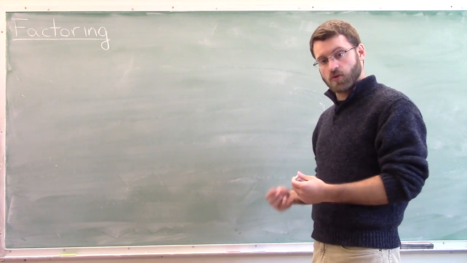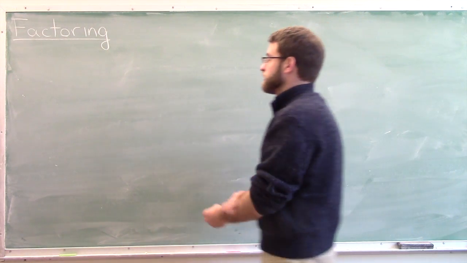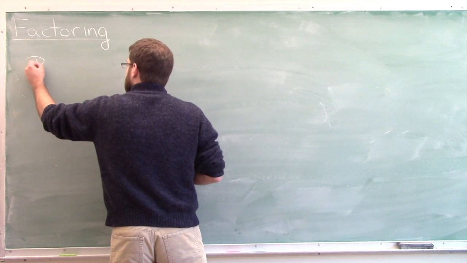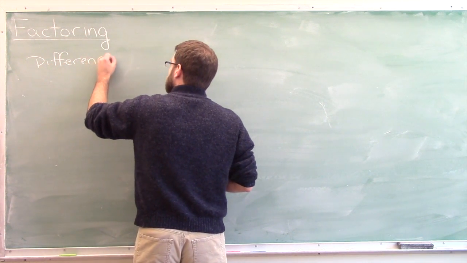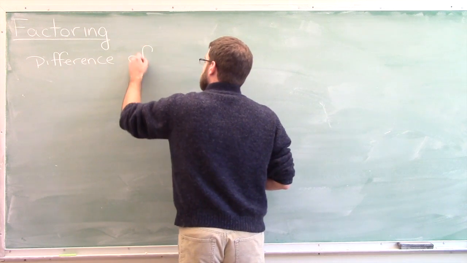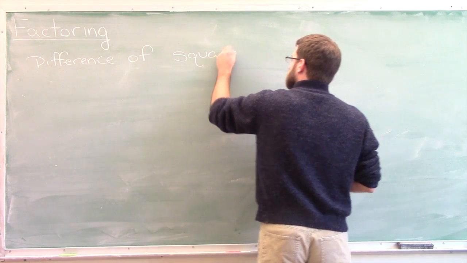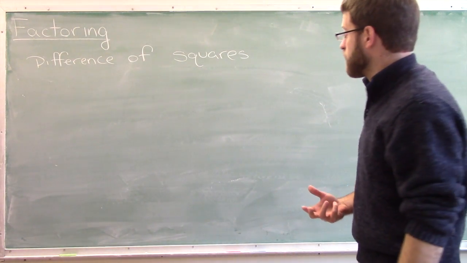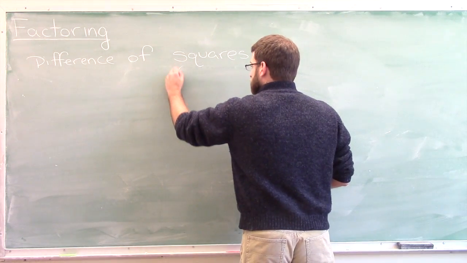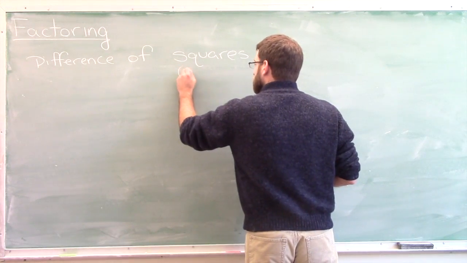We're going to see that x squared minus 4 is a special case of a pattern that factors really nicely. The pattern that I'm going to show you is called a difference of squares. And the squares here, they aren't shapes, they're squared numbers.